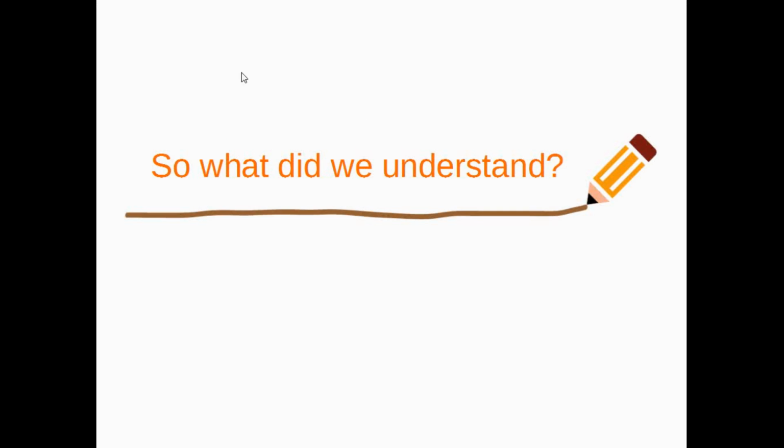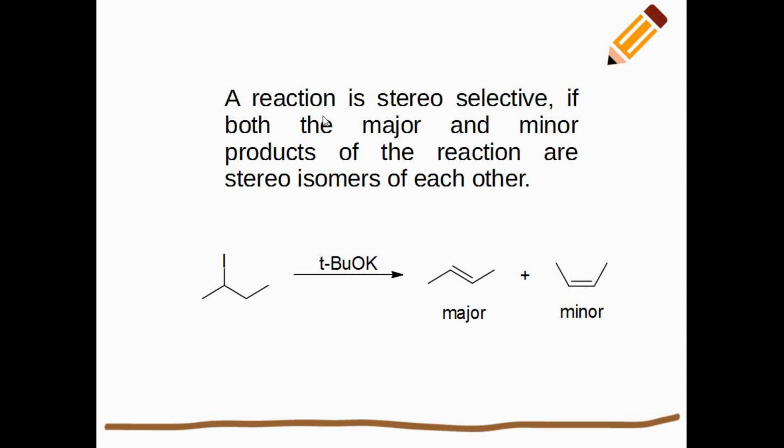So what did we understand? A reaction is stereoselective if both the major and minor products of the reaction are stereoisomers of each other.